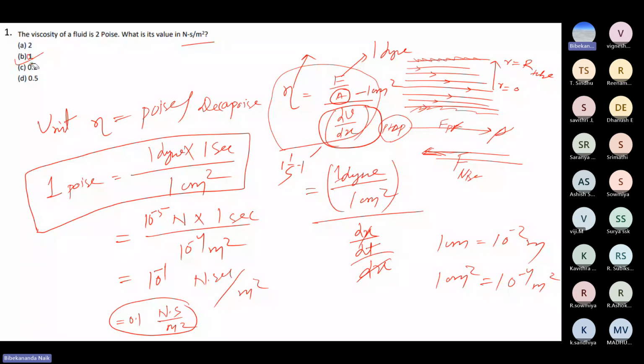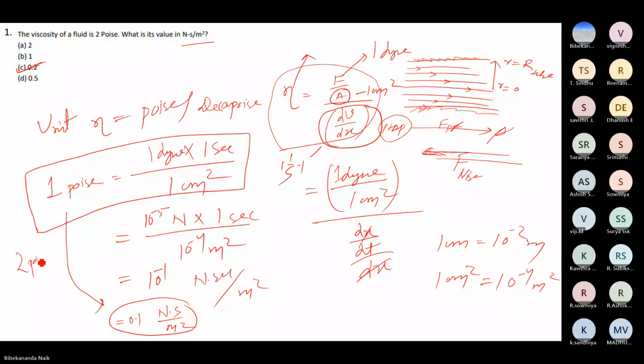But in the question, it is given the viscosity of a fluid is 2 poise. Since 1 poise is equal to 0.1 Newton into second per meter square, 2 poise will be equal to 0.2. This will be the correct answer.